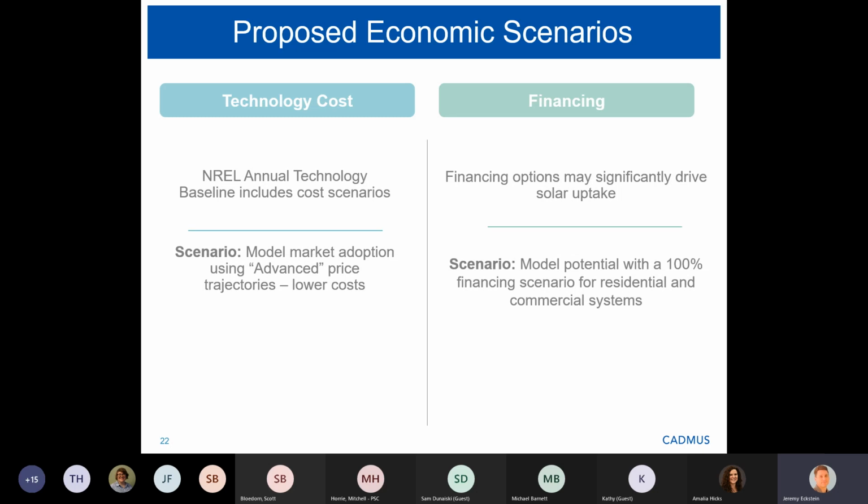And then finally, we had a lot of discussion about financing in our previous meeting, so we were proposing a scenario whereby we could look at what changing the down payment fraction could do. And that's more or less our 4 scenarios. We'd be happy to take feedback on those.